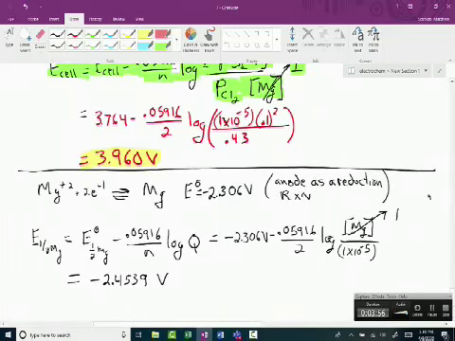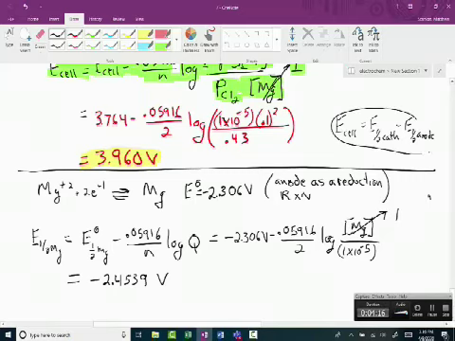And what I'm eventually going to do, I'll write it up here on the right, is E of the cell equals E of the half cell cathode minus E of the half cell anode. You'll see what I mean in a few minutes. Okay, so up there on the right's what I'm going to do, and that's what I'm doing down here.